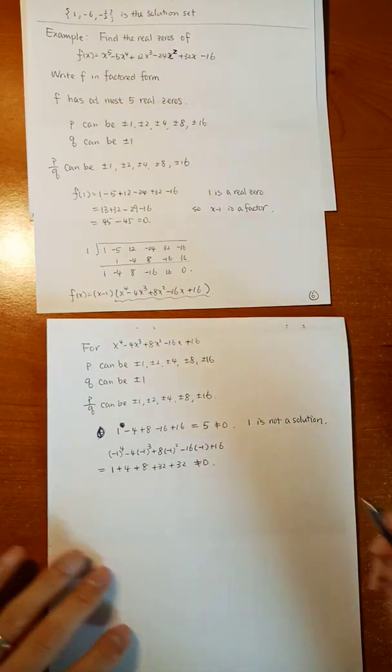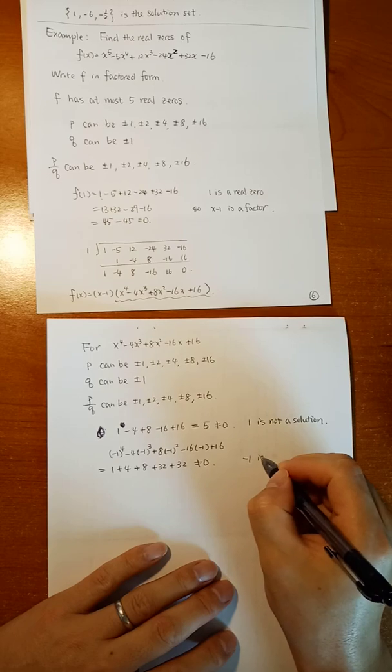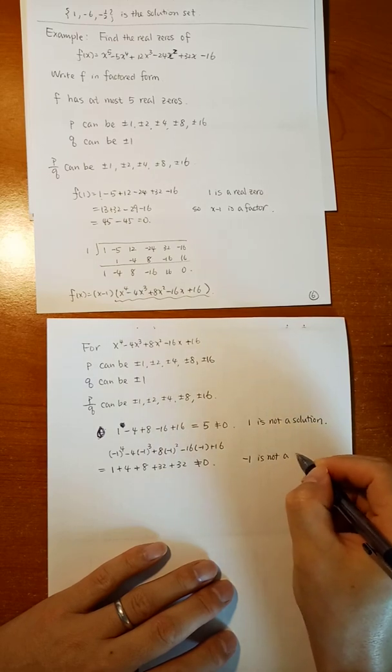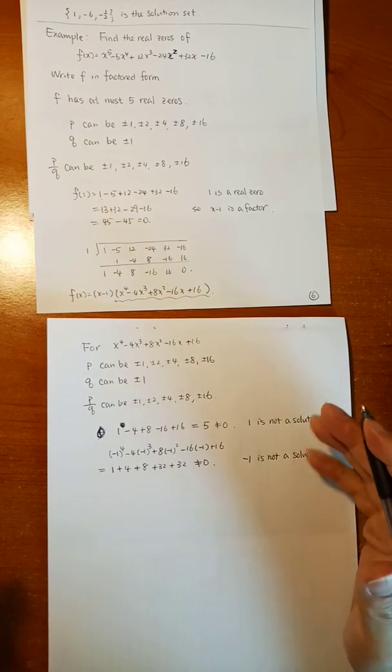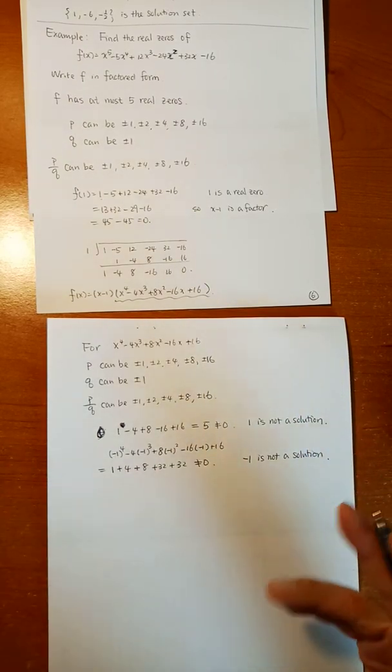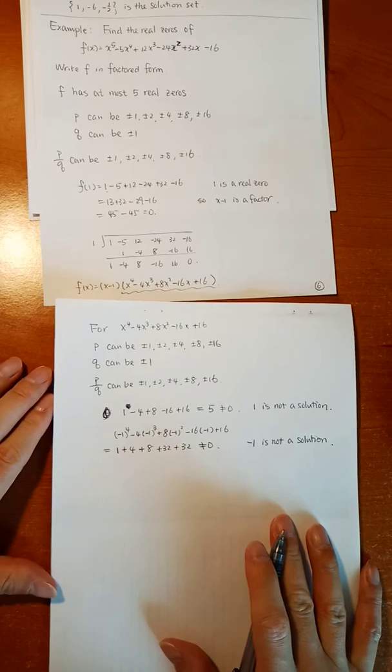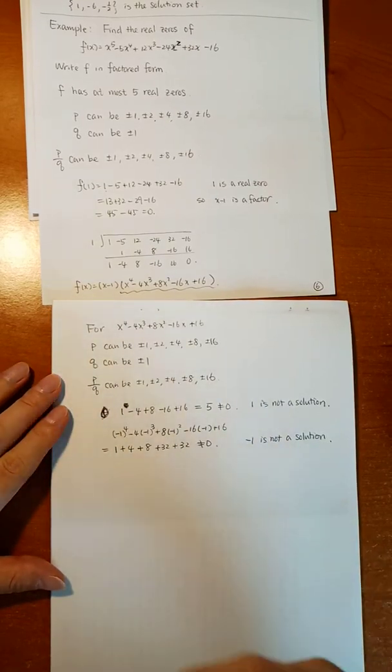Positive, positive, positive, positive. So negative 1 is not a solution. You see, for this example, we have bad luck. We already tested two numbers. They are not solutions. Let's continue.